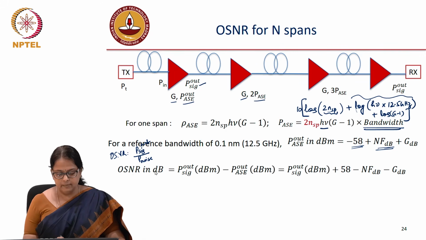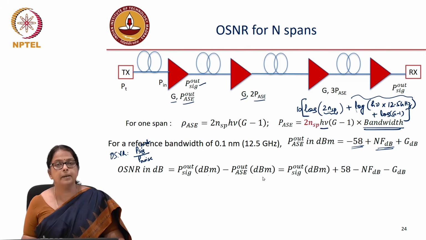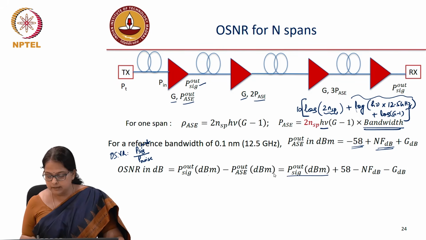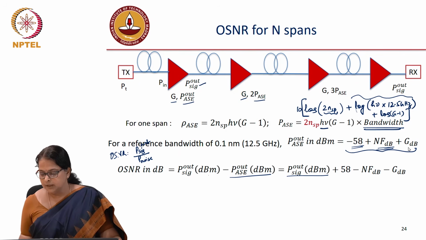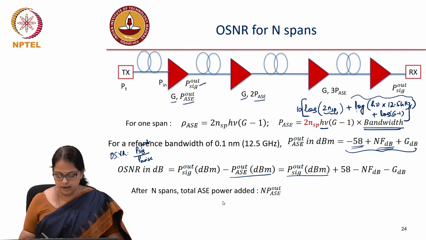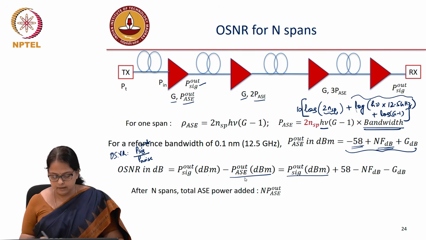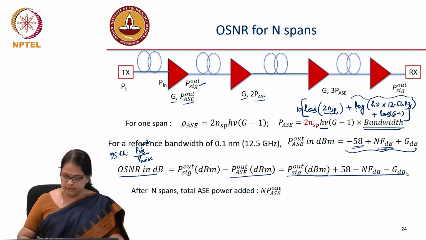So OSNR in dB would be P signal in dBm minus P_ASE in dBm. P signal in dBm is this, P_ASE in dBm is what we have calculated here, minus 58 plus NF minus G. So you have the relation for OSNR in dB in terms of noise figure and gain of the EDFA.